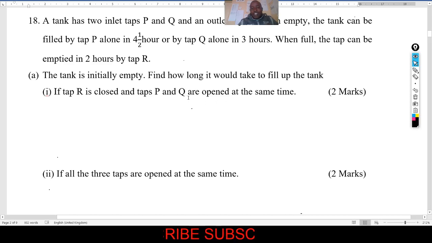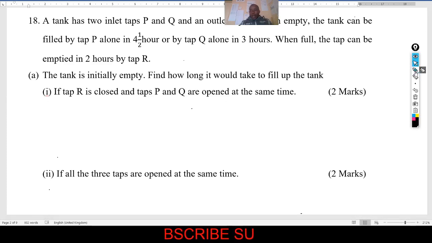In this case, you need to think of P in 1 hour. What is the fraction of water filled by P in 1 hour?